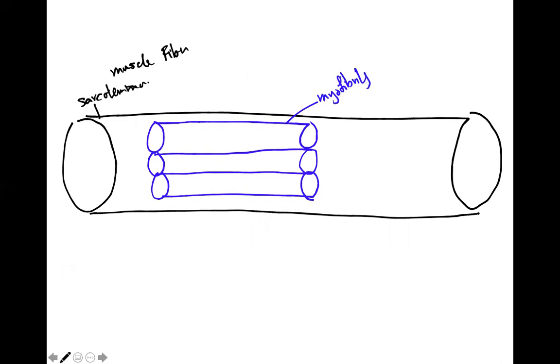The myofibrils are broken down to smaller units, vertical unit breakdown for my muscle. Each of these units, each of these new branching of the myofibril are called sarcomere, with the goal of basically contraction.